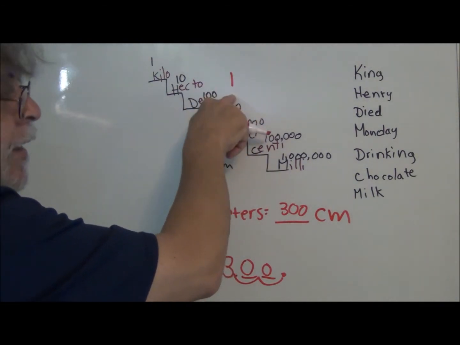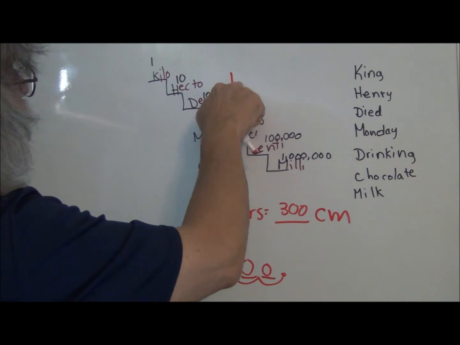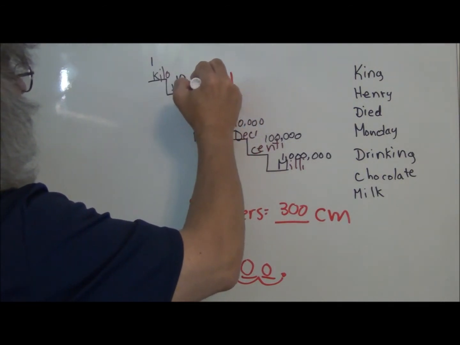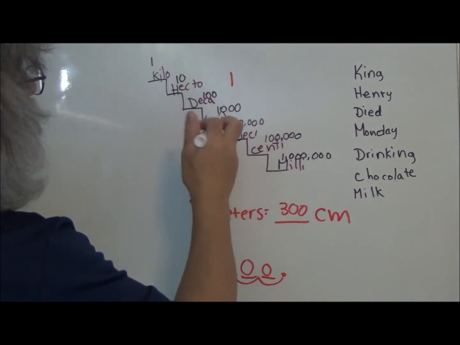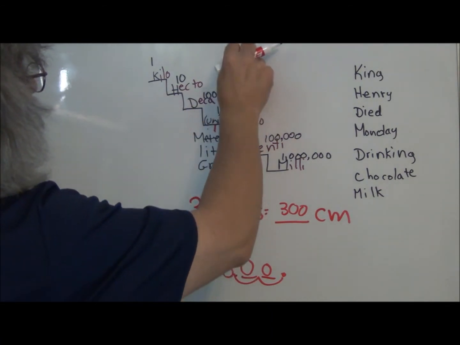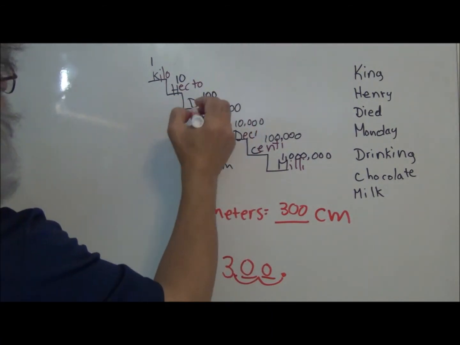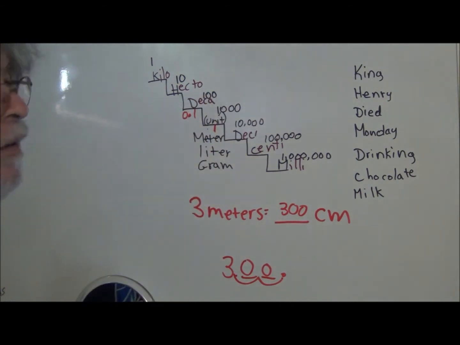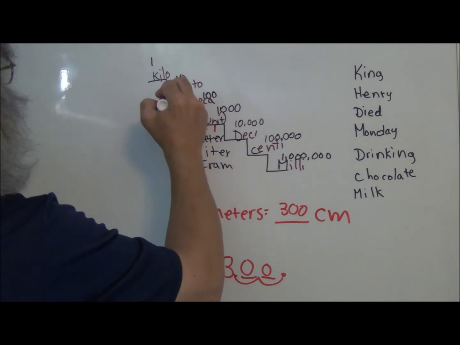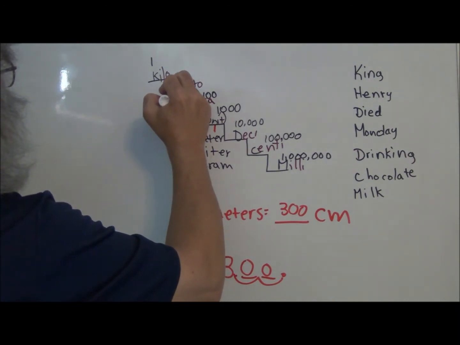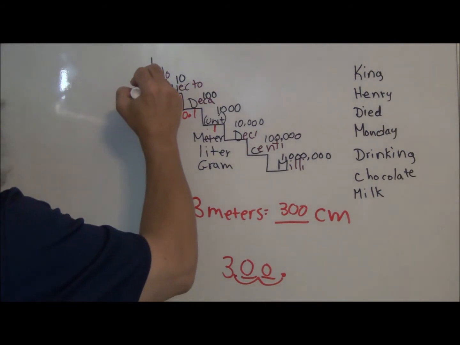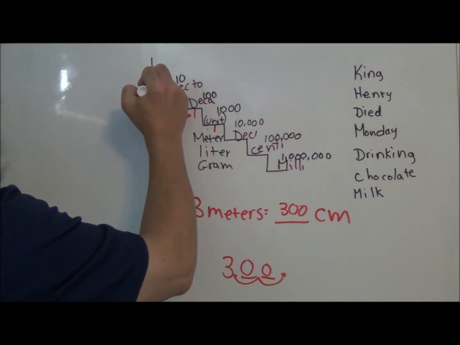Now I'm going to get a different color marker. I'm going to start out with a 1 for the meters. Okay, and then we go to the decimal point. When we go up, we'll move over one spot. I'll put the 1 there instead. Okay. Then over here, it's going to be 0.1, 1/10. Over here, it will be 1/100th. Okay. And over here, it'll be 1/1000th.